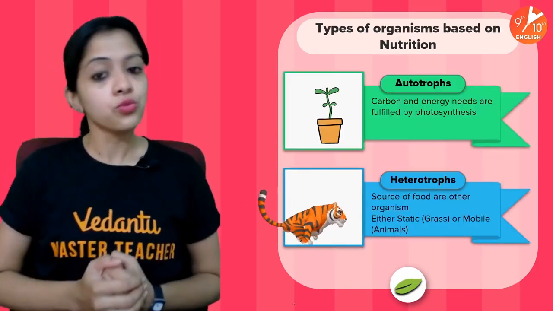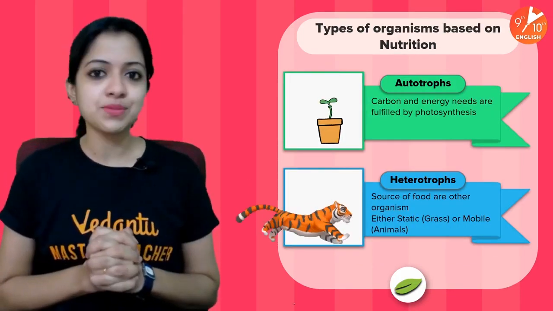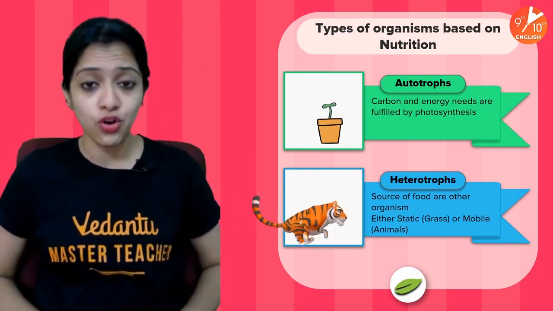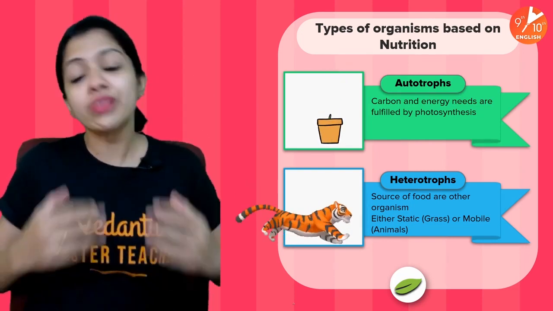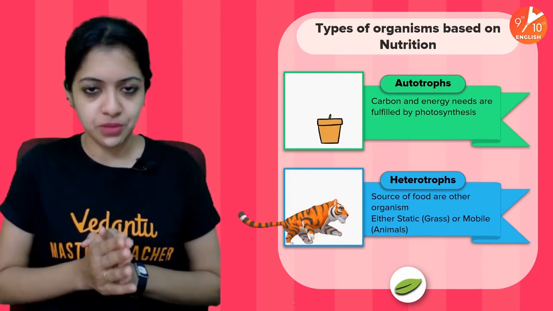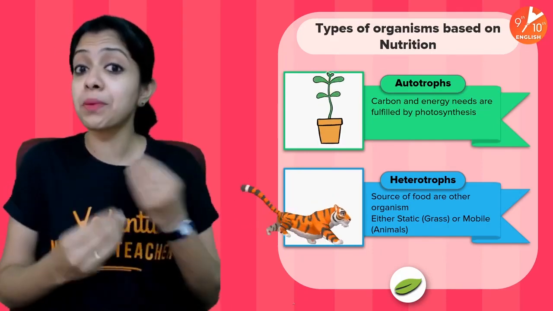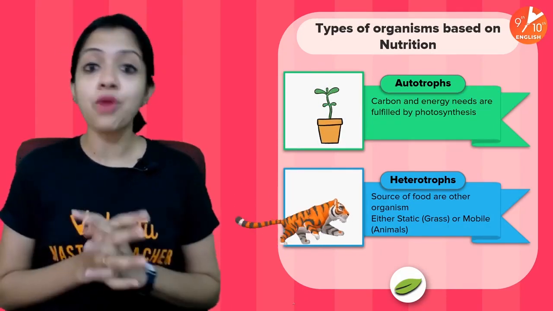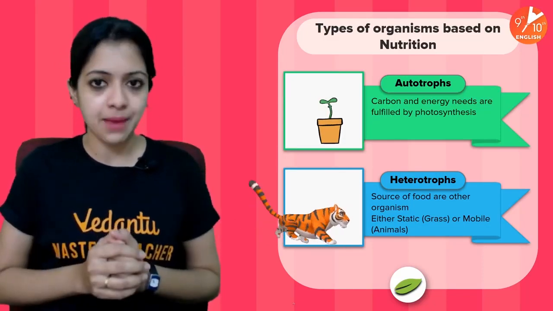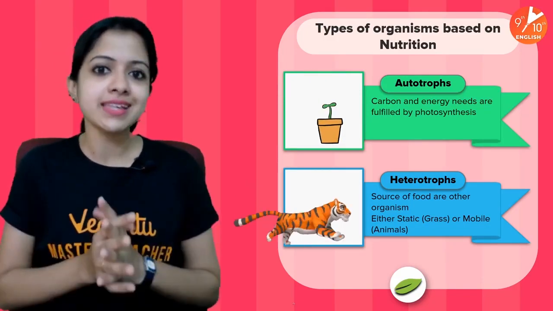Okay, now moving ahead, the types of organisms based on nutrition. There are two major types of organisms based on the type of nutrition or the mode of nutrition. Some of them have the ability to prepare their own food. We call them autotrophs. The best examples for which are the plants around us.